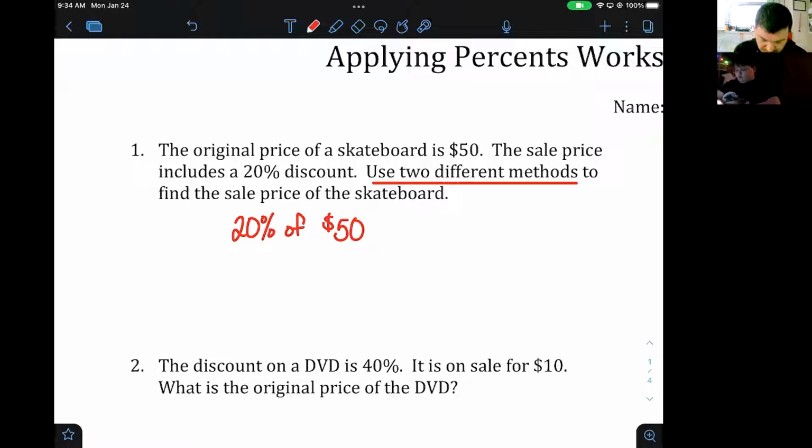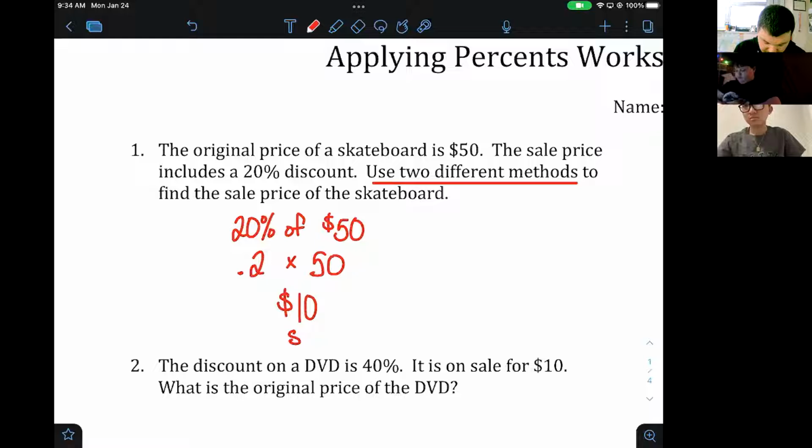And so 20% is the same as 0.2 of means times, and 0.2 times 50 is 10. So that's not the price of the skateboard. That's how much we're going to save with the discount.